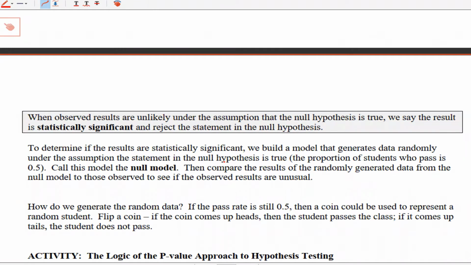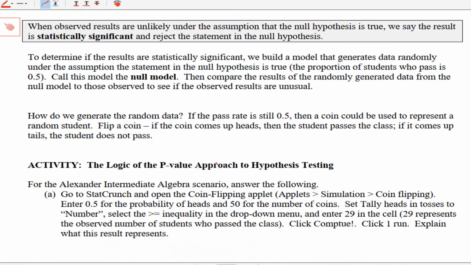So we could say, if I flip a coin and I get a head, that would mean the student passes. And if I get a tail, that would mean the student does not pass. And that's the randomness of it. The student has a 50-50 chance of passing. And so we're going to go through that logic in this activity.